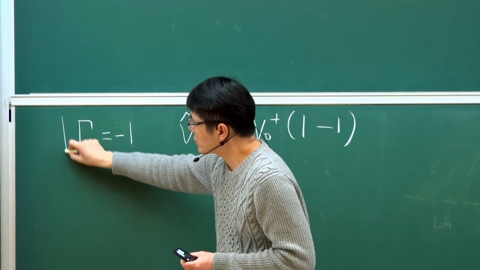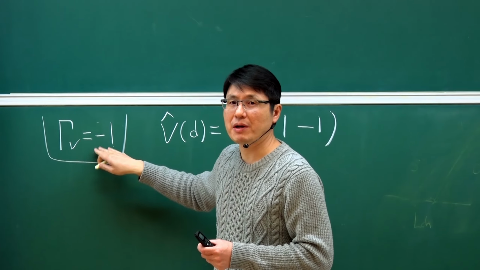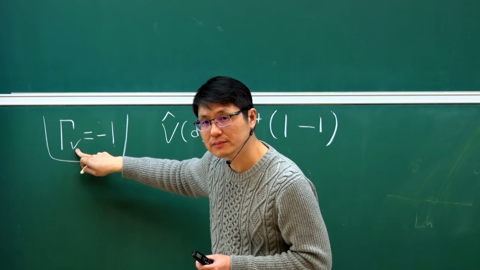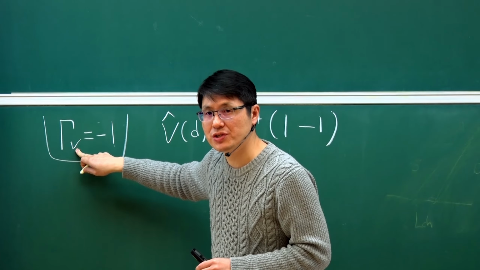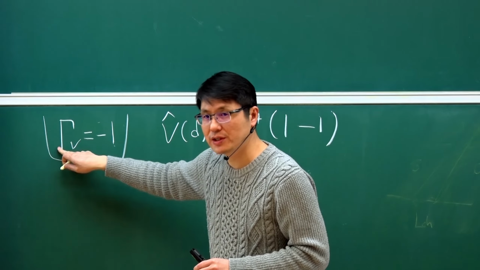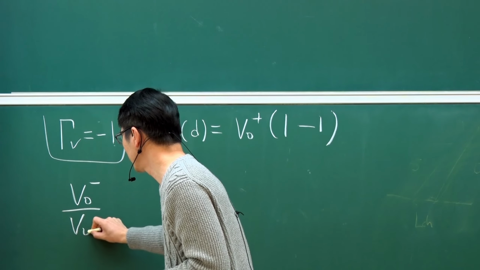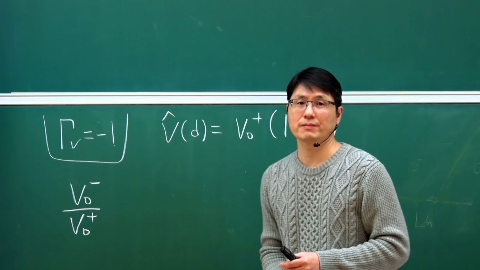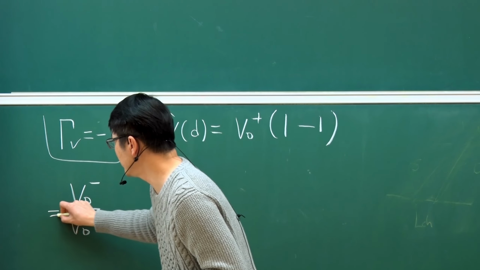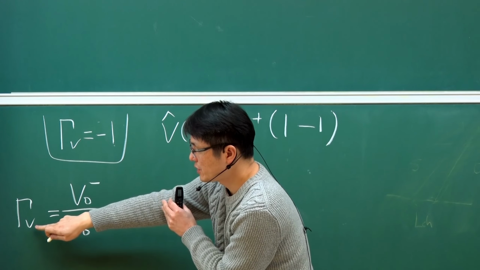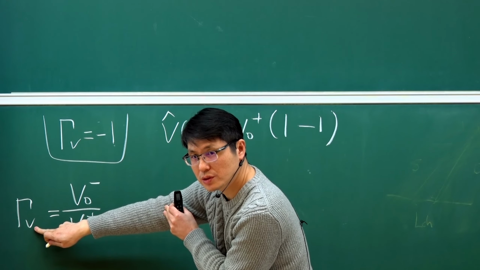If you look into the definition of gamma V, why am I always adding this V? No one asked me about this question. The reflection coefficient can be defined as V0 minus over V0 plus. So by this, the reflection coefficient is referenced to the voltage.